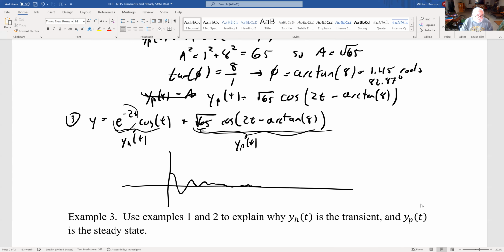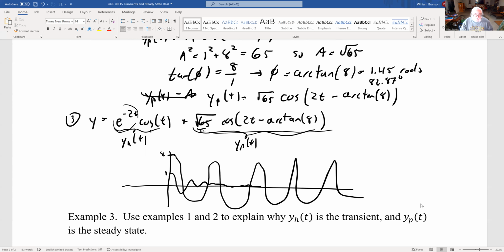So this starts at 1. Square root of 65 is about 8. So we get some kind of a cosine function like this for the particular solution. And you see the same thing. After a while, the homogeneous solution has died out because of the exponential term, and the particular solution just continues on.